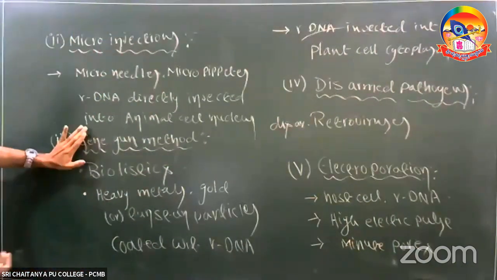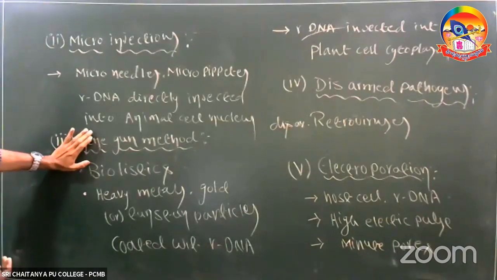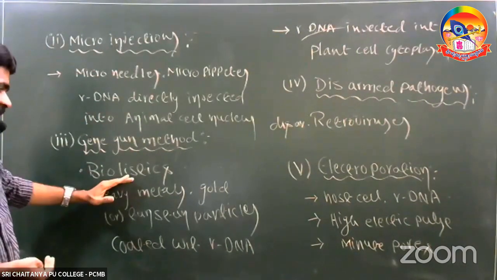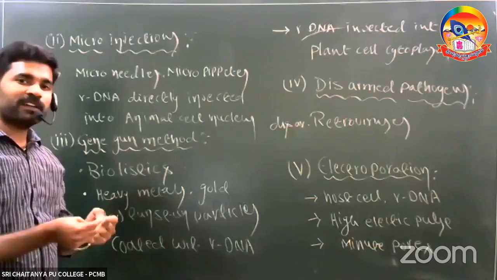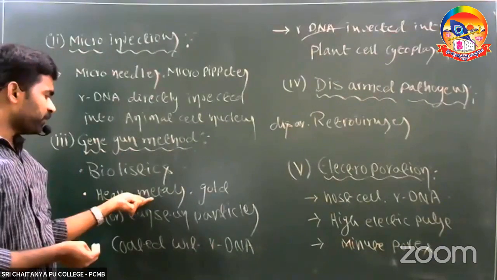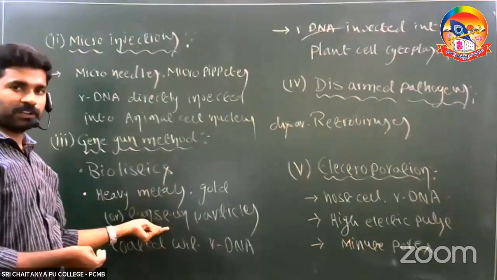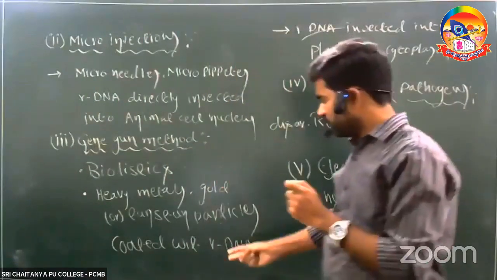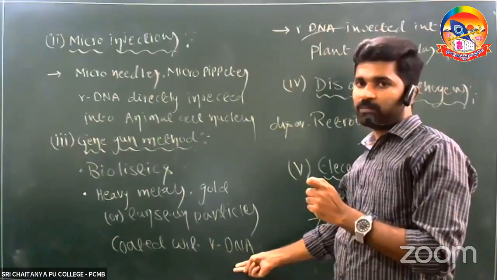Come to the third one, the gene gun method. Otherwise we call it the ballistic method. In this method, we are using high velocity particles, heavy metals. What type of heavy metals? Gold or tungsten particles, coated with rDNA molecule.